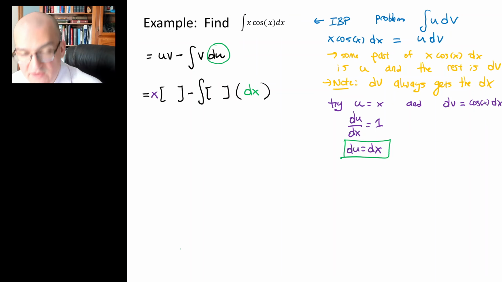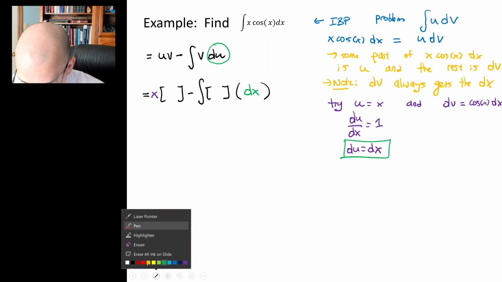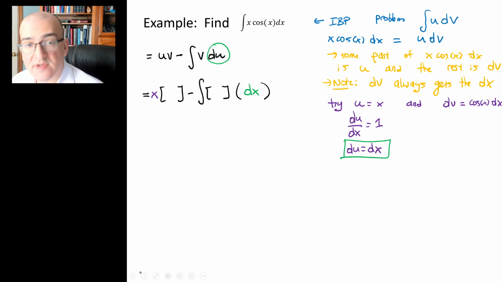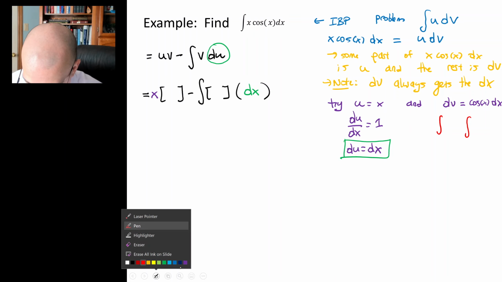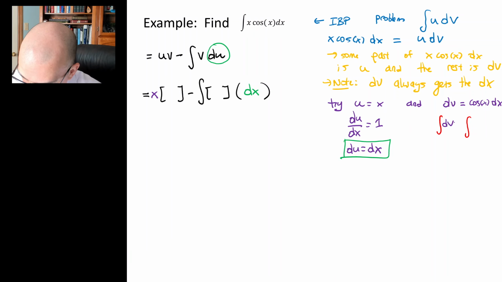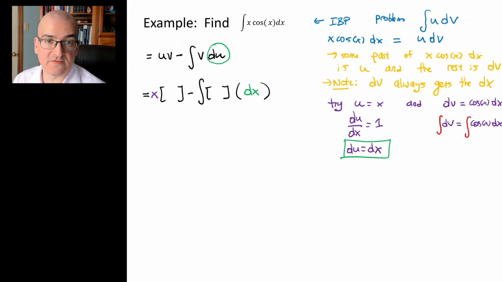Now I need v, and v is going to appear in two different spots. How do I get v? I'm going to get v from dv. To get v from dv, I'm going to integrate both sides of the expression. Okay, the antiderivative of 1 with respect to v is just v.